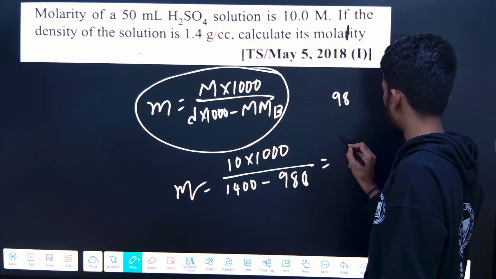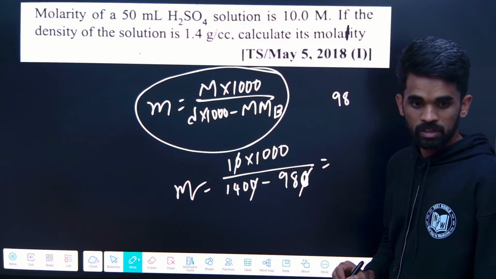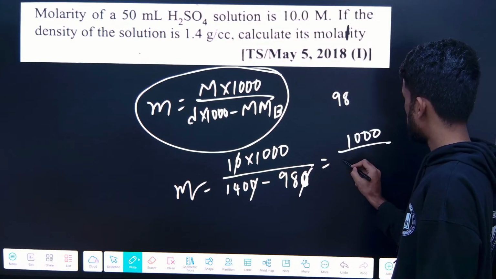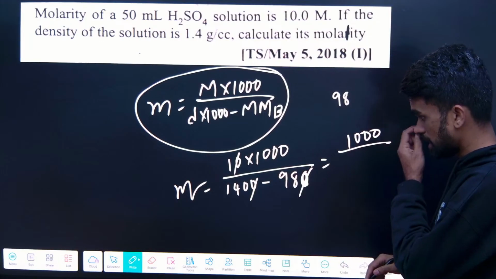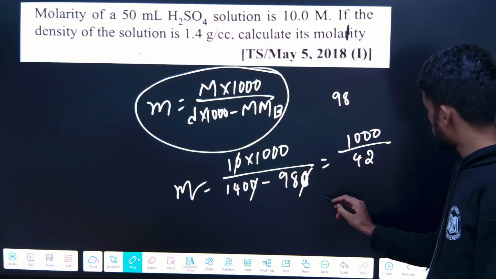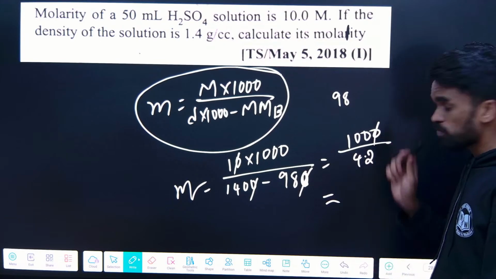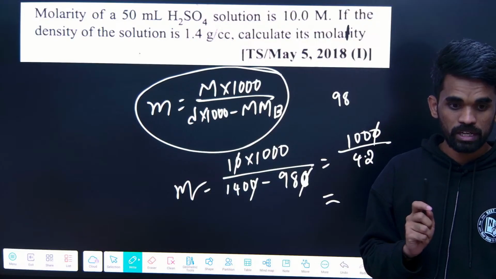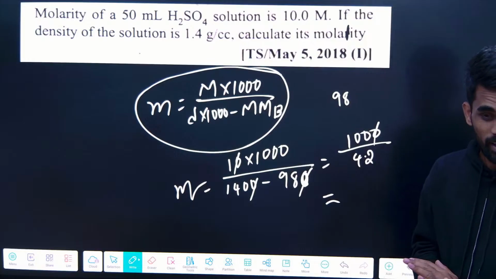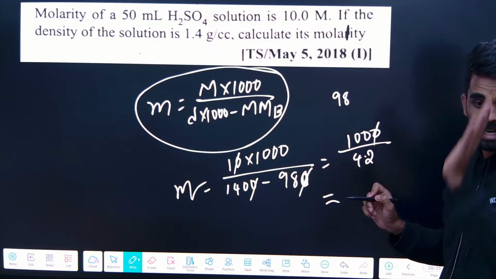Therefore you get 980, so the 10 in the denominator and the 10 in the numerator I can remove. So 1000 by 140 minus 98. 140 minus 98 is 42. If I remove the 0, it becomes 100 by 4.2. 25 4s are 100, so since it is 4.2, it should be lesser than 25.